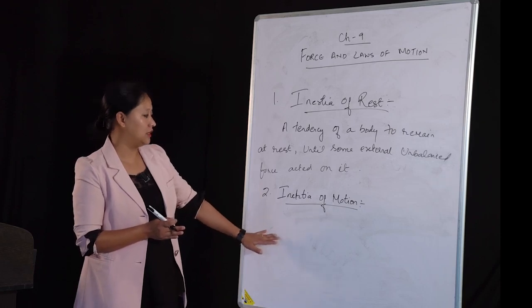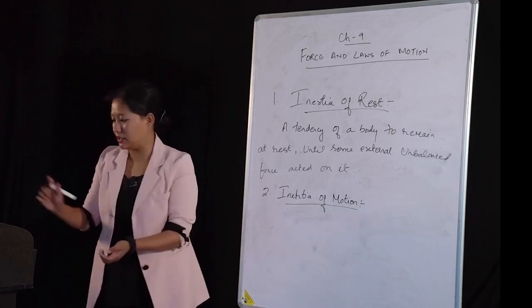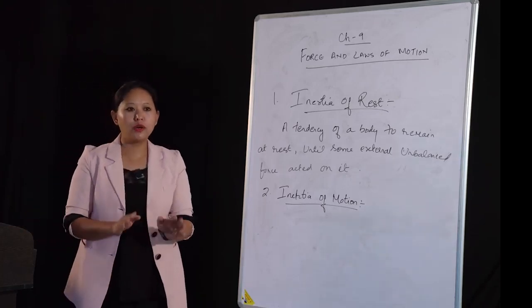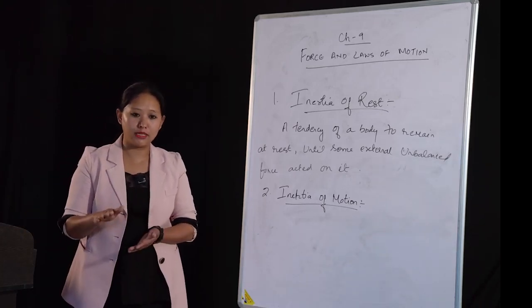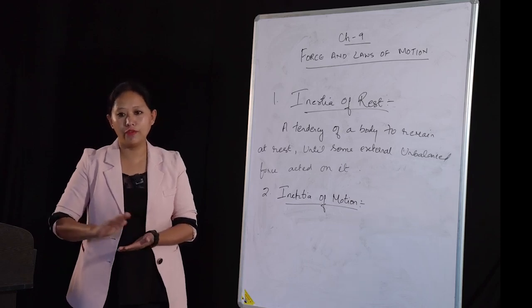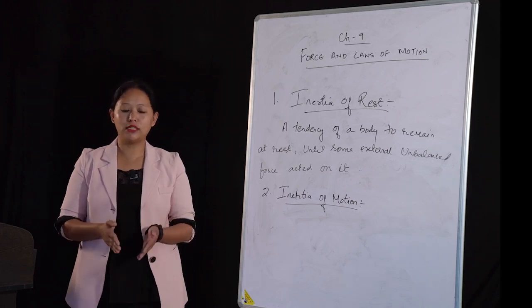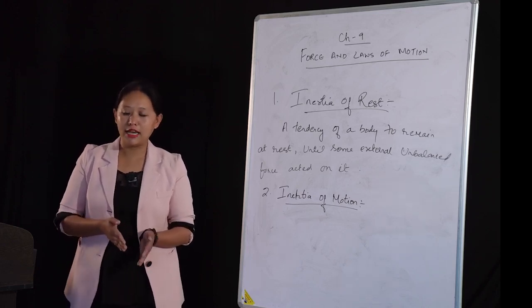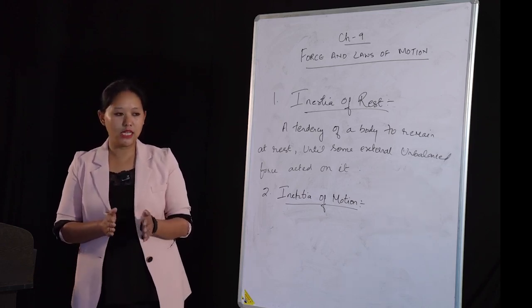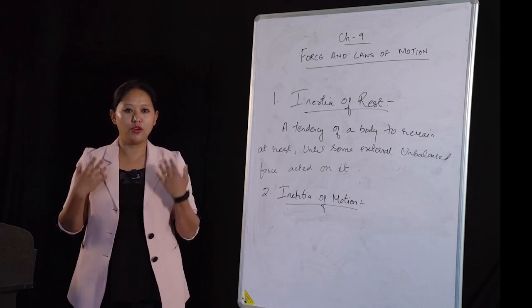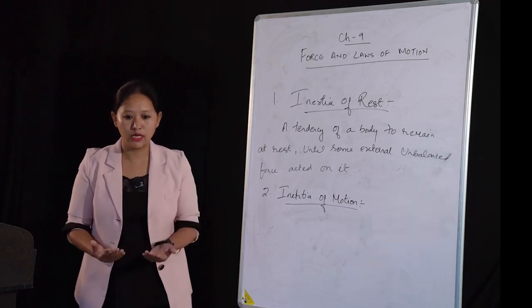I will not write this definition on the board; let's not consume time. For example, you are sitting or standing on a moving bus. The bus is not at rest, but moving. If the bus suddenly stops, what will happen? Your body will move forward.